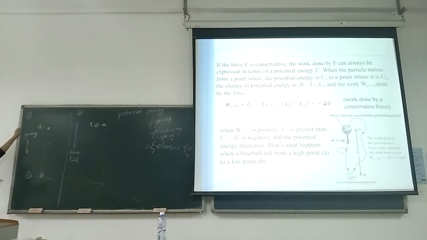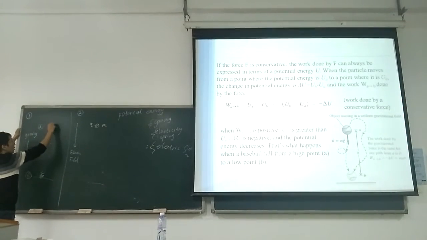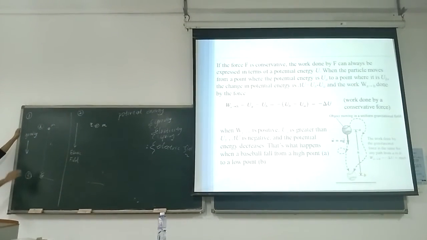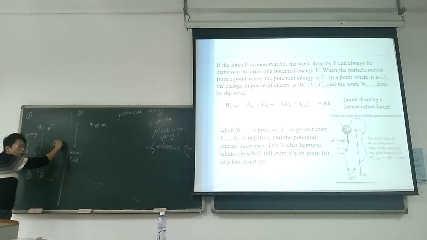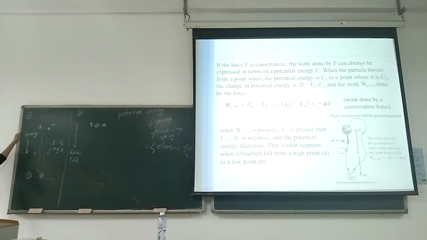One, how much is the work done by the gravity from A to B? And the second one, how much is the variation in the potential energy of gravity? The work done by the gravity may be force times displacement, and that is mgs, right?